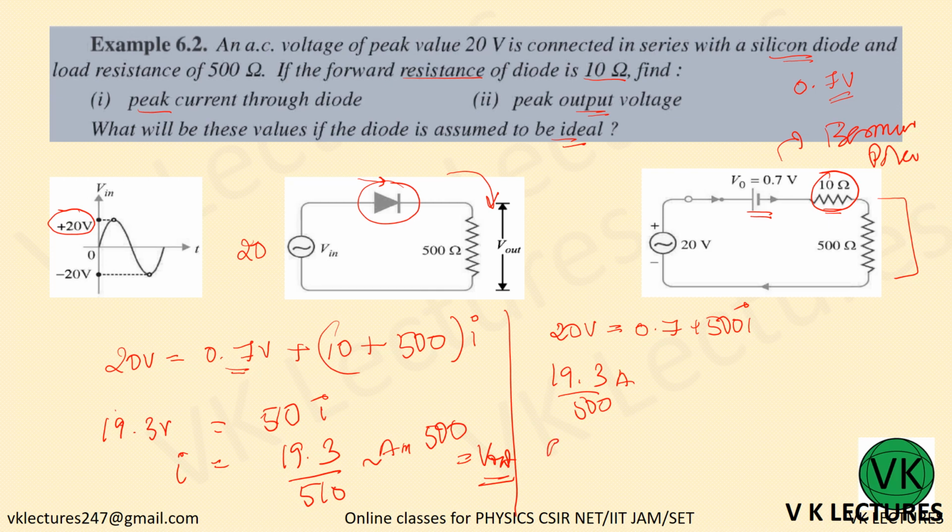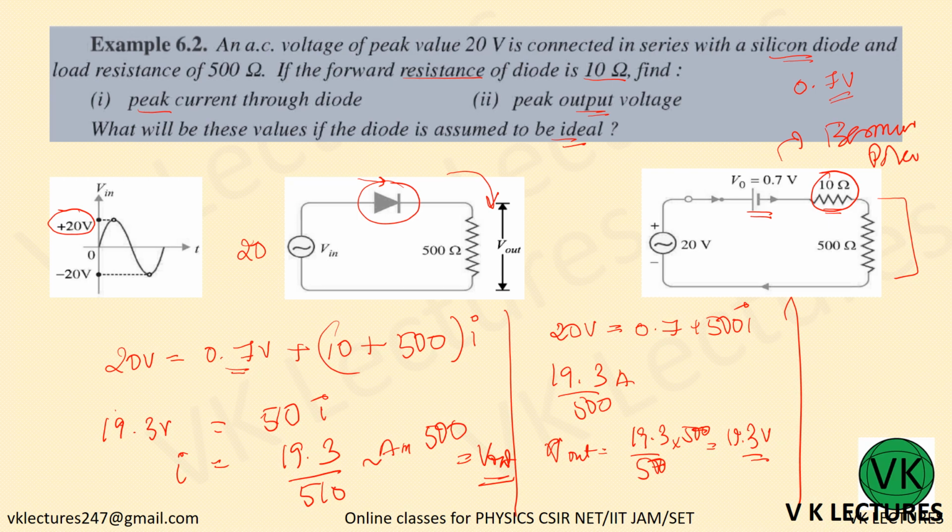So the voltage V out will be equal to 19.3 by 500 into 500, which is equal to 19.3, which is greater than this value.